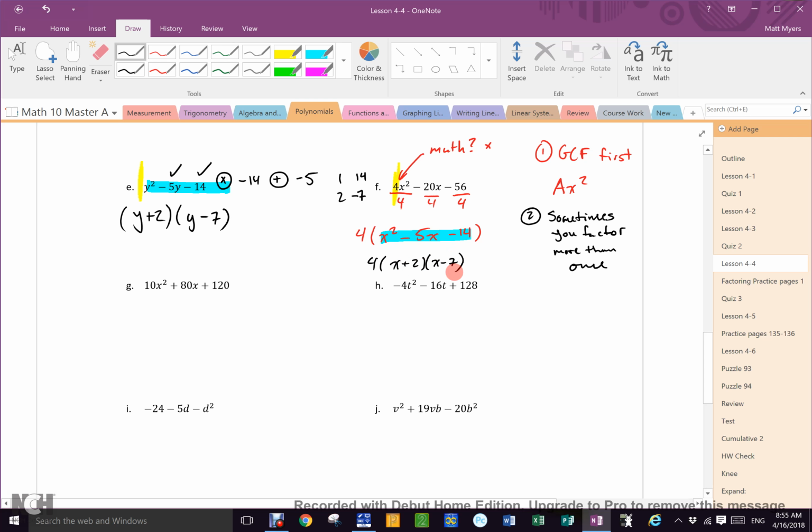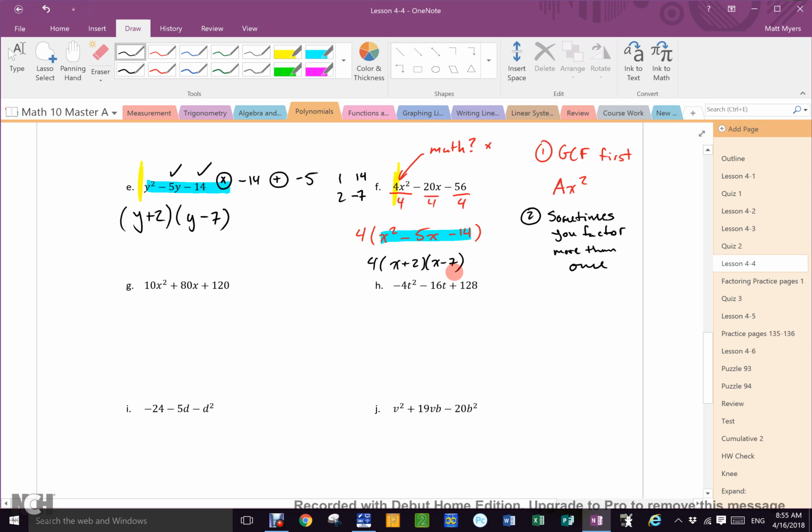Okay. Tell me what you don't like about J. There's two variables, right? Everyone agrees, yeah? If that and that wasn't there, could you do it? What would you do if that was the question?